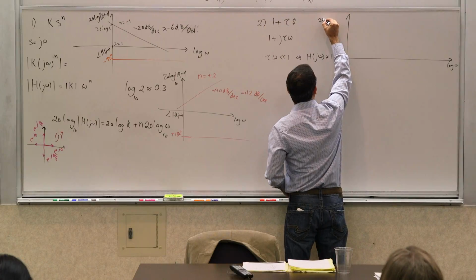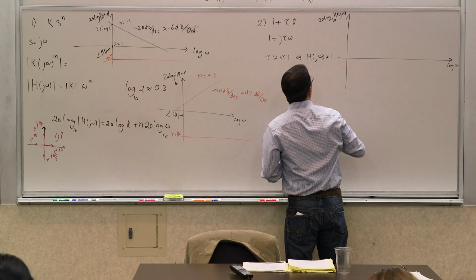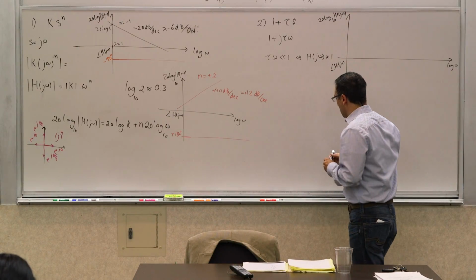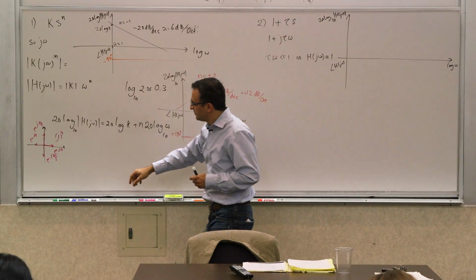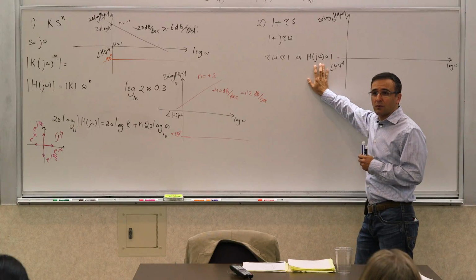So again, this is my stamp: 20 log base 10 of the magnitude of H of j omega, and this is the phase of H of j omega. So the magnitude part of it, if this were my transfer function, what would it look like?